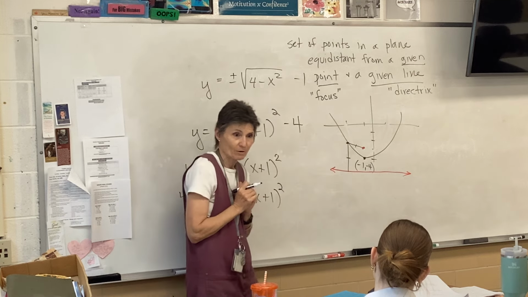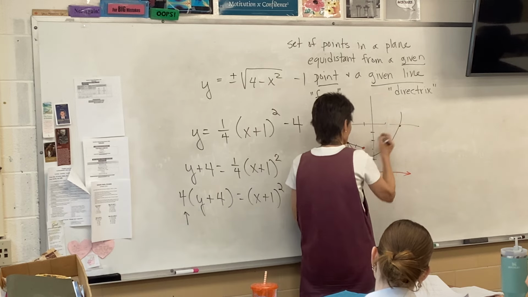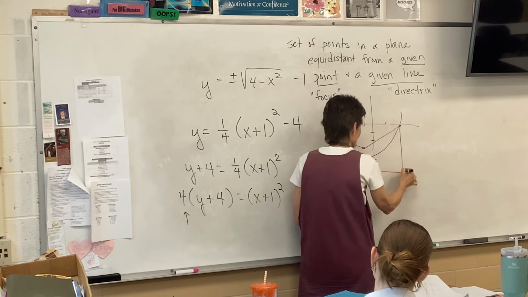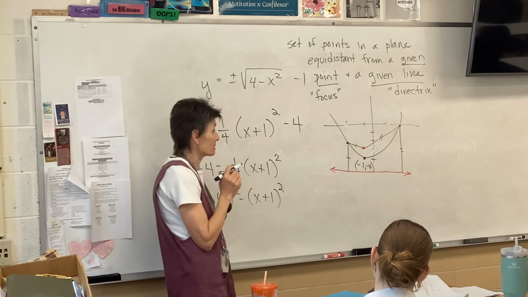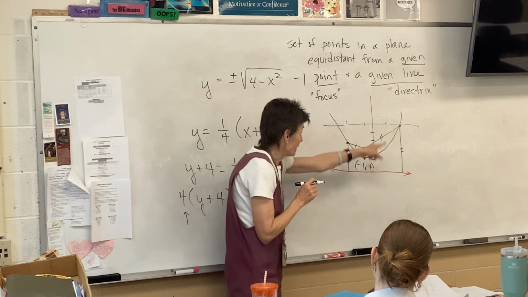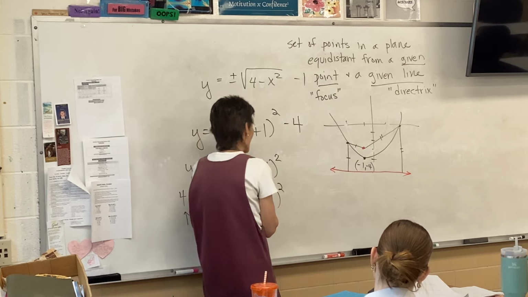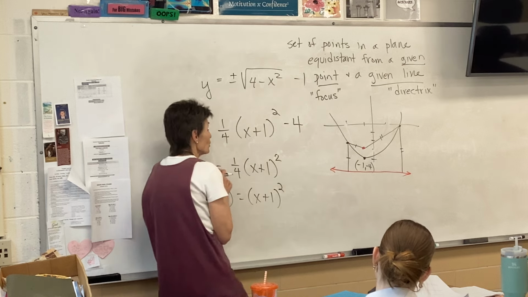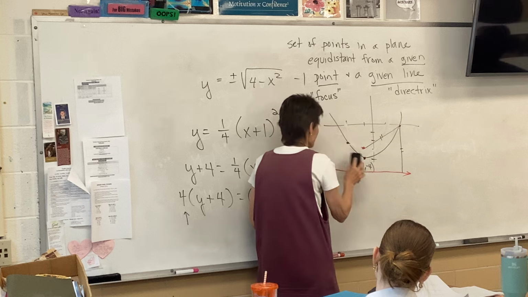Again, my picture's not very good, but that's what it means. So if you pick another one up here, that distance and that distance are the same. We are equidistant from the given point and the given line. Now, if you have the equation, you can find the focus and the directrix, and it is not that hard.